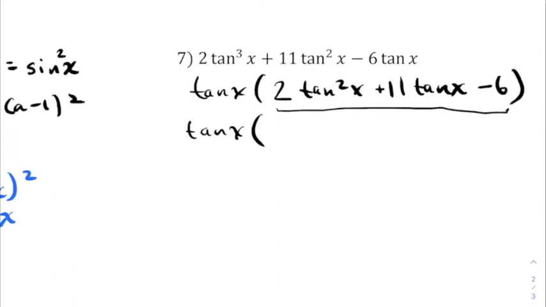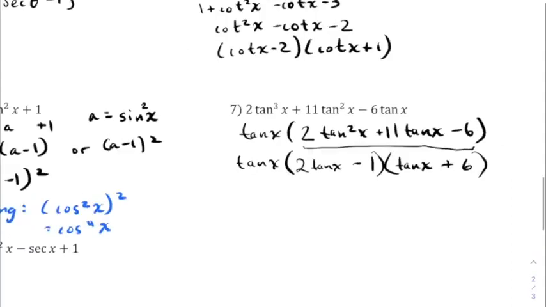So we should have, let's see, 2 tangent x, this should just be tangent x. And I want my 2 factors to result in 6, but I need 11 in the center. So this is going to be 6, that's going to be 1. Make this positive, make that negative. And there we go. We're completely factored. That's all there is to that one.